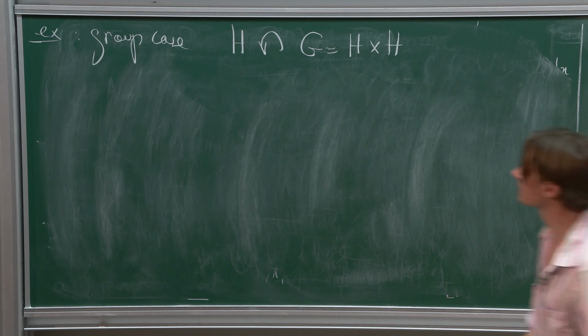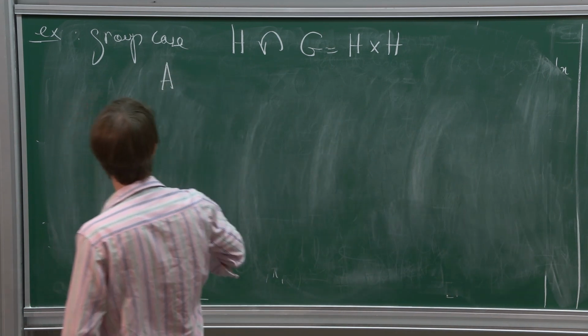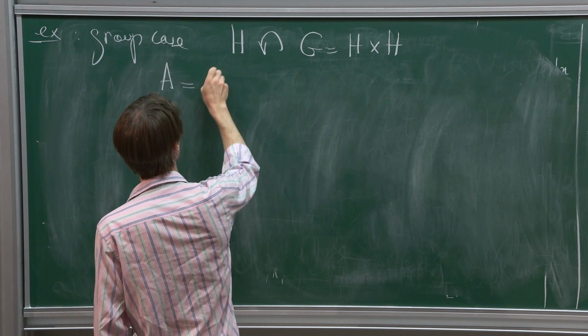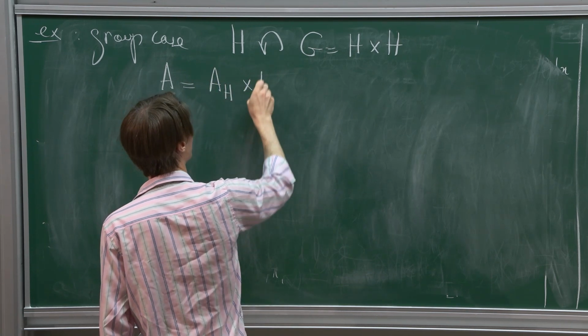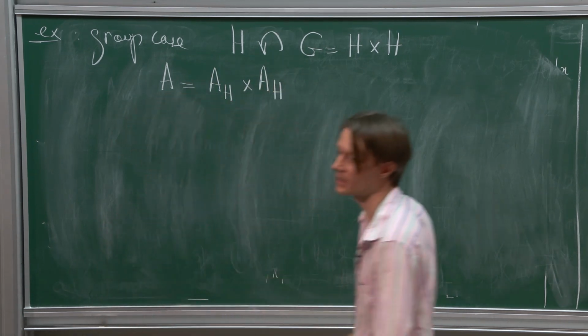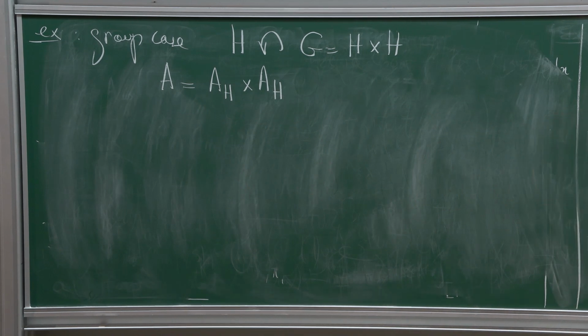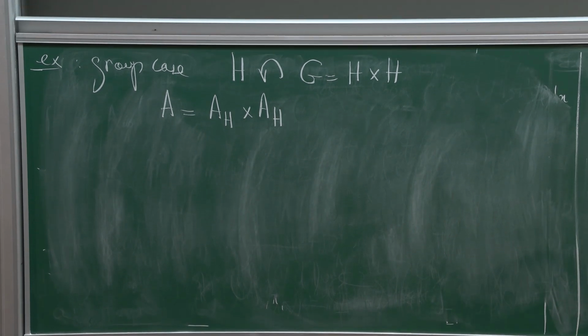In this case, the canonical Cartan of G is just the product of two copies of the canonical Cartan of H. Let me denote it just for now as A_H, not to be confused with the split center.